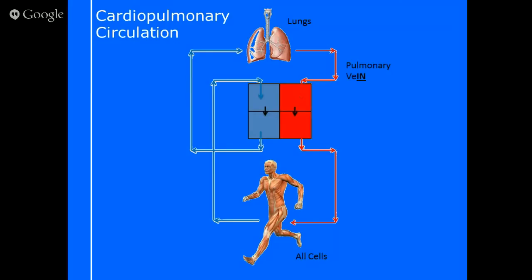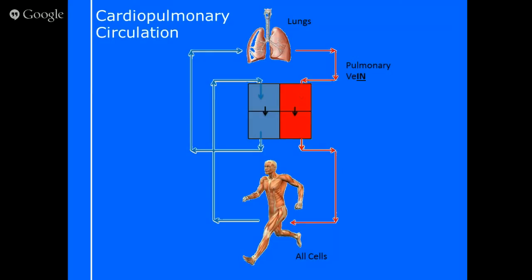So the pulmonary vein is working its way from the lungs into the left atrium. Another way of remembering that it's the pulmonary vein is that pulmonary means lungs. So it's moving from the lungs, and it's on its way in to the heart. So that's the pulmonary vein.